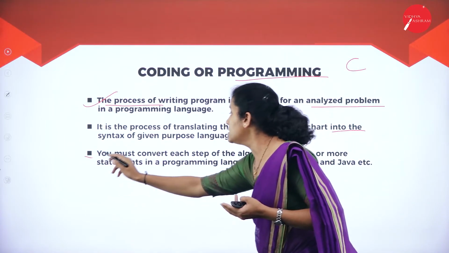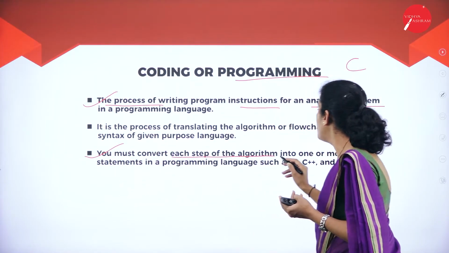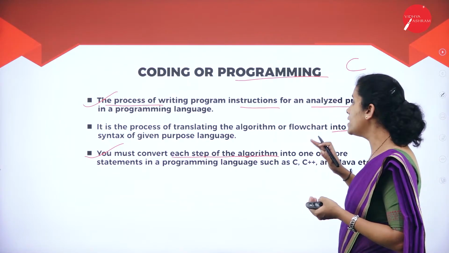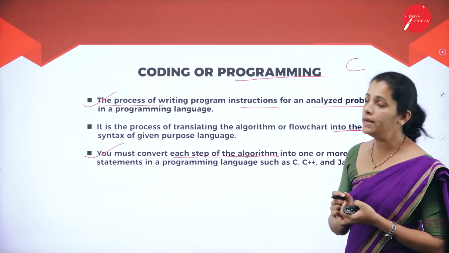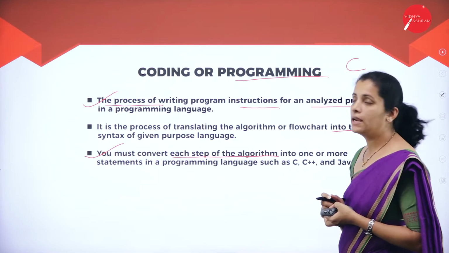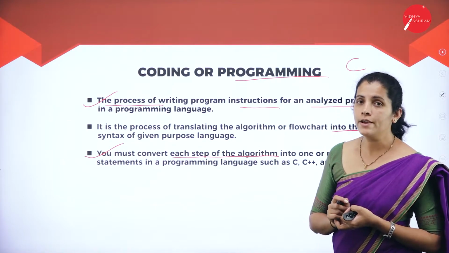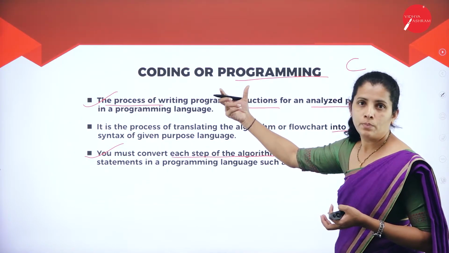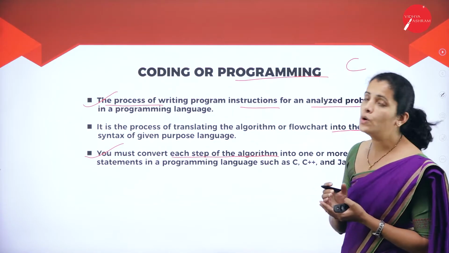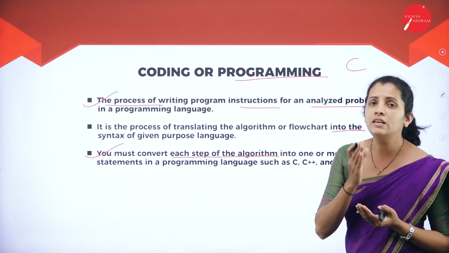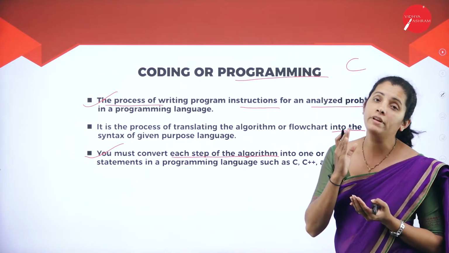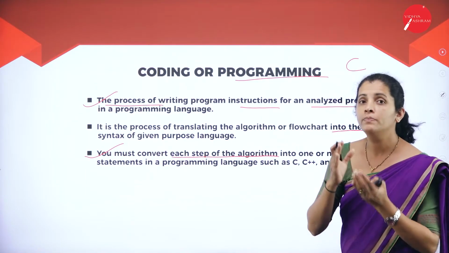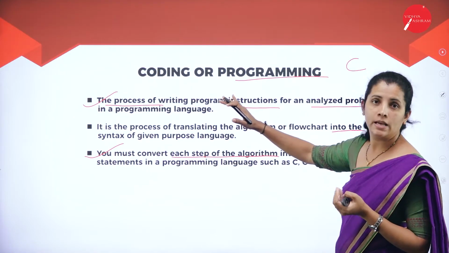So you must convert each step of the algorithm into one or more statements in a programming language such as C or C++. That means in the coding process, what are we going to do? We are going to convert each and every step of an algorithm into my programming language.